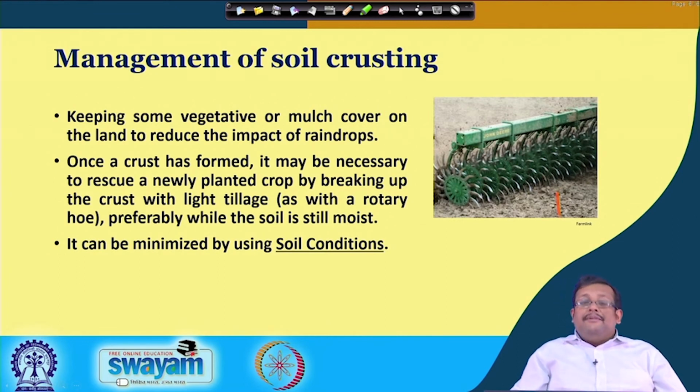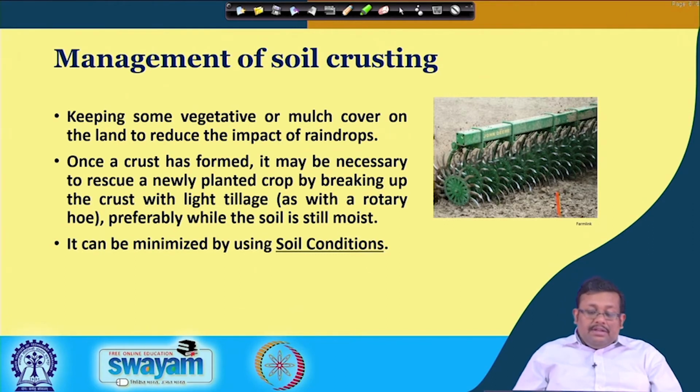So, what are the different management practices for soil crusting? For example, first, keeping some vegetative or mulch cover on the land to reduce the impact of raindrops. If you can produce a protective layer over the soil surface, obviously it will reduce the impact of the beating raindrops, and once a crust has formed, it may be necessary to rescue a newly planted crop by breaking up the crust with light tillage.